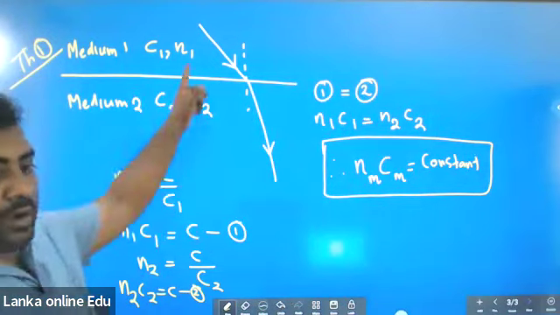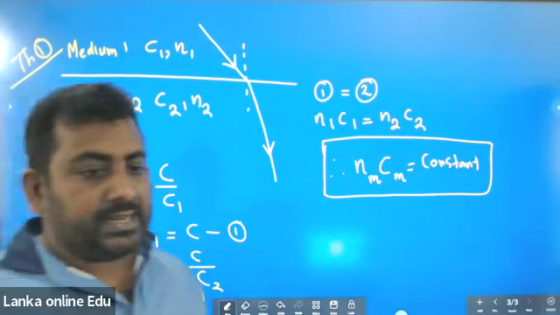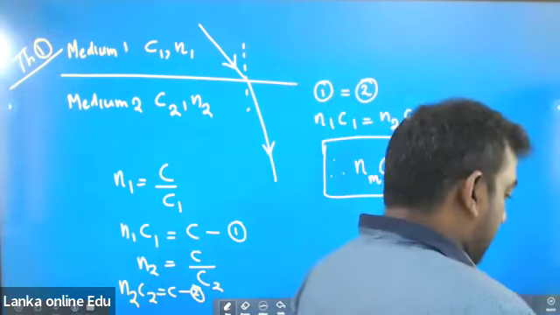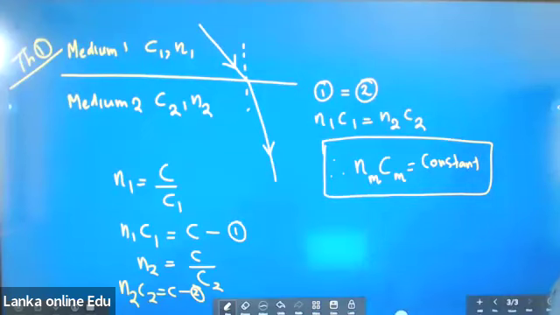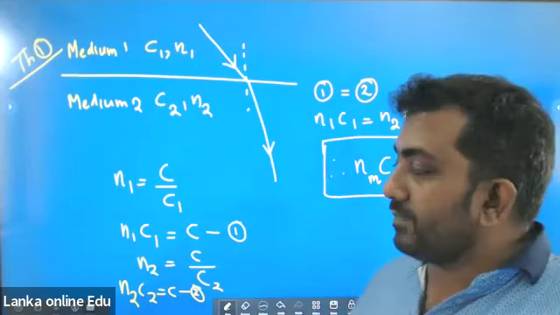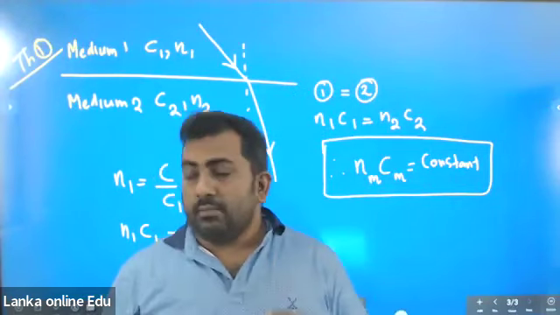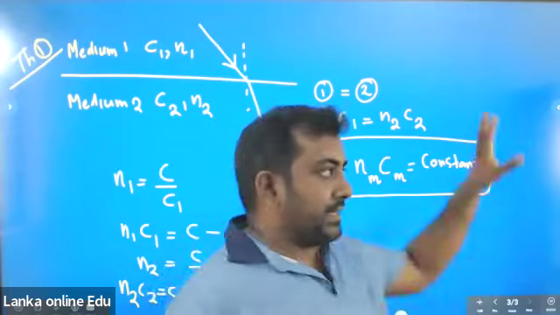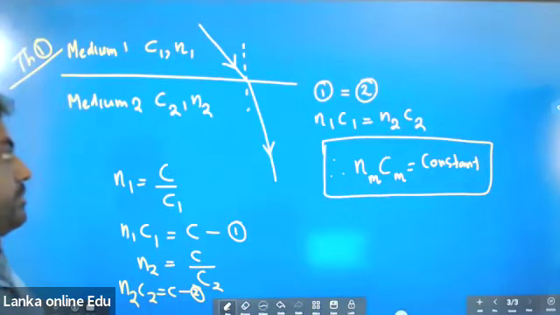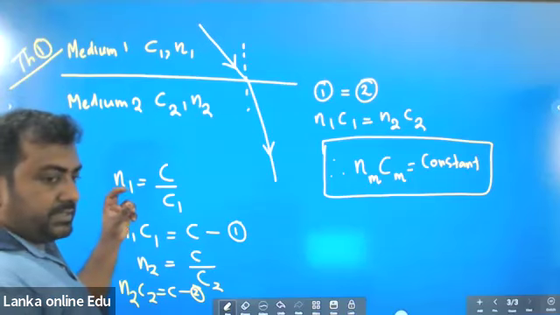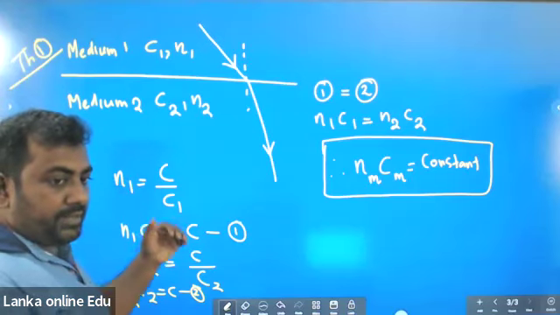Consider light traveling from one medium to another. We can build a relationship between absolute refractive index and speed of light in the medium, as indicated below.